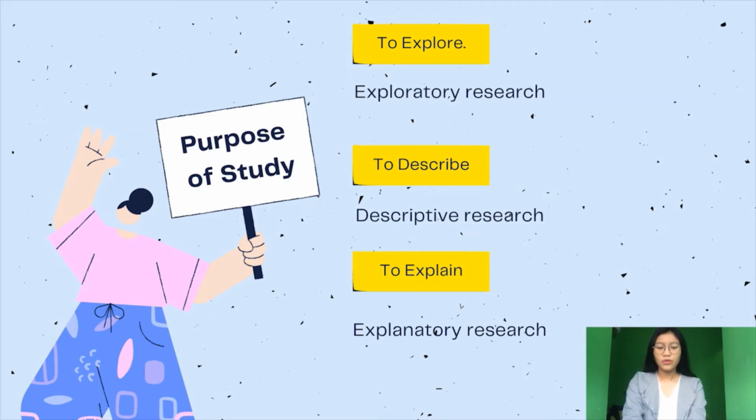Number 3 is to explain. When you encounter an issue that is well recognized and have a description of it, you might wonder why things are the way they are. Explanatory research identifies the sources of social behavior, belief, condition, and event.